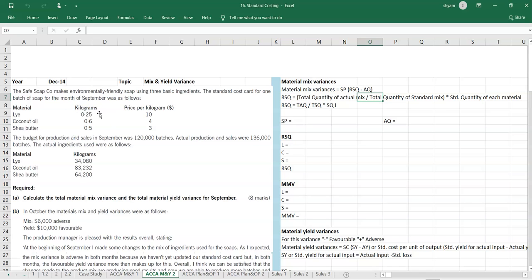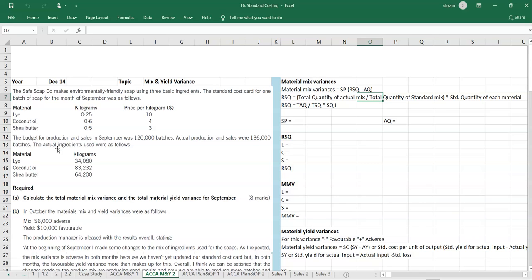Lye is 0.25 kilograms at $10 per kilogram, coconut oil is 0.6 kilograms at $4 per kilogram, and shea butter is 0.5 kilograms at $3 per kilogram.